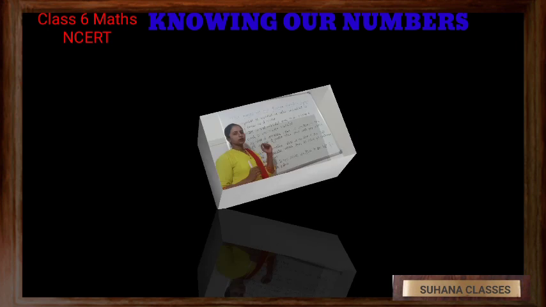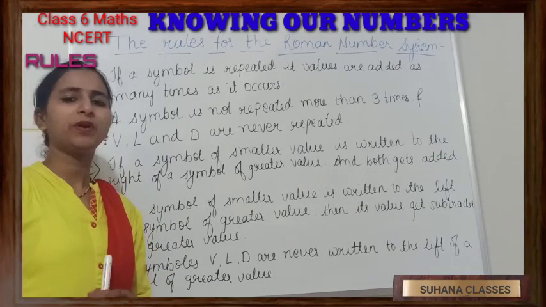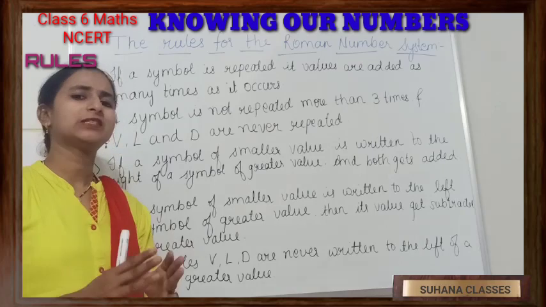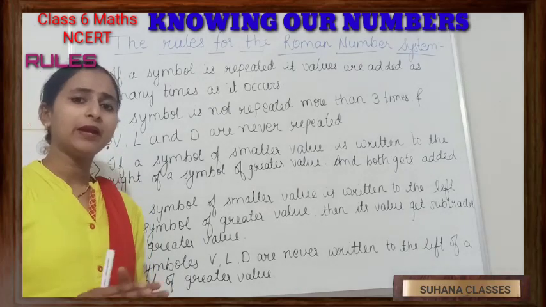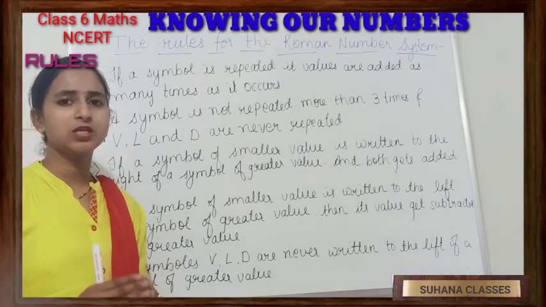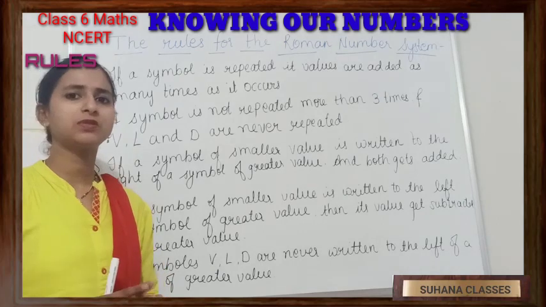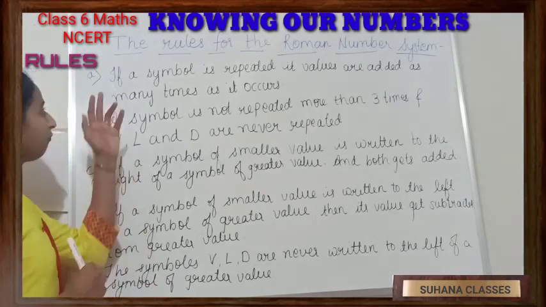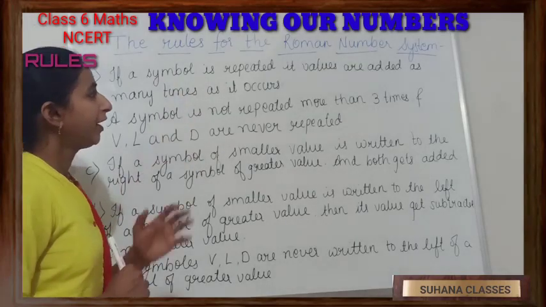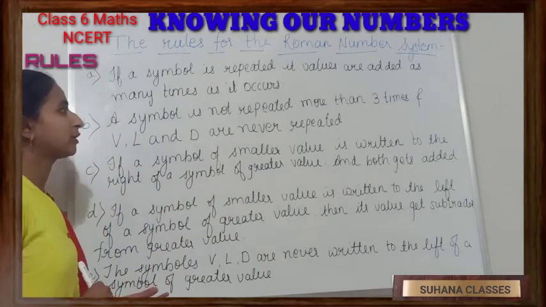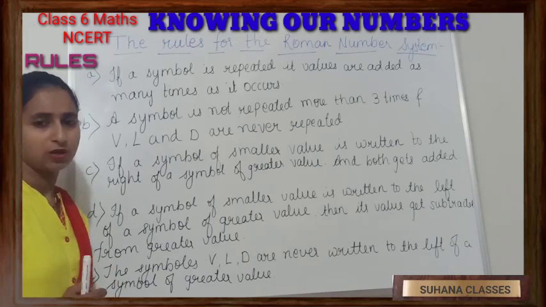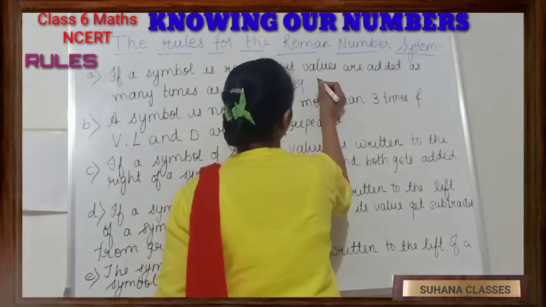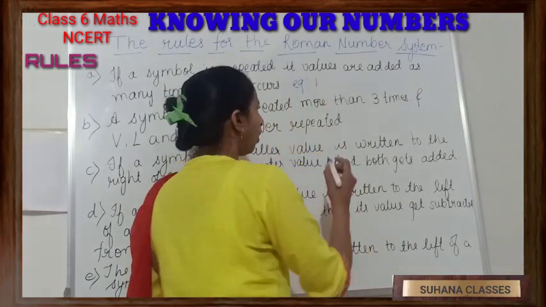Students, these are the rules for writing the Roman numeral system. Let's see one by one what these rules are and try to understand them, so that it will be easier to write the Roman number system. Our first rule says, if a symbol is repeated, its values are added as many times as it occurs. For example, how do I write 1?